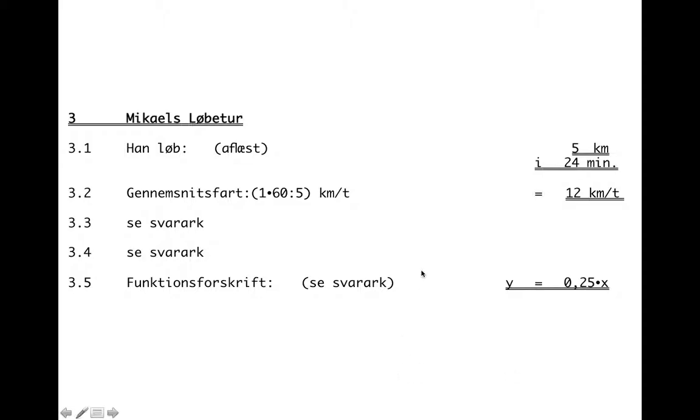So there's my answer sheet, everything neatly lined up. Now I'm a bit concerned about here where I've just written y equals 0.25x without saying what they are. I might lose a mark for that. And here's the marks you could get for that, and it's 4 marks for each part of the question.